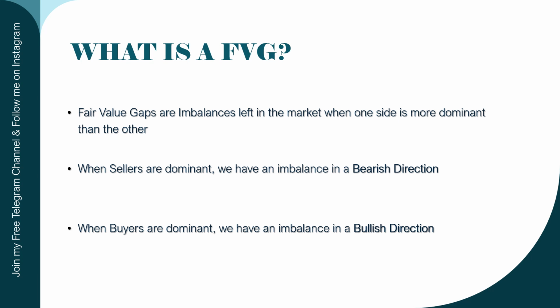Sometimes when the market is bearish, meaning sellers, the selling pressure is dominant, the imbalances that are going to be formed are going to be bearish fair value gaps in this case. So like it is already pointed out here, when sellers are dominant, we have an imbalance in a bearish direction. When buyers are dominant, we have an imbalance in a bullish direction.